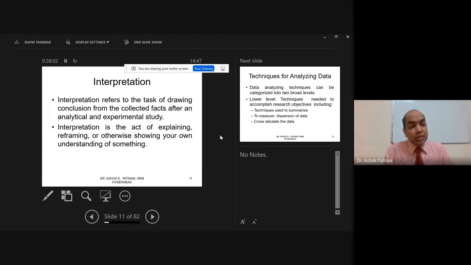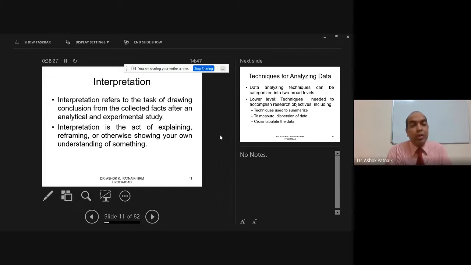So interpretation, as I told you, refers to the task of drawing conclusions from the collected facts after an analytical and experimental study. In analysis, you don't draw conclusions, you just state whatever it is. You just narrate and explain the present condition.